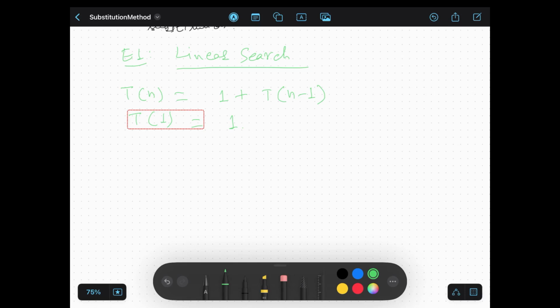We know that doing a linear search actually takes linear time. So let's guess our solution.